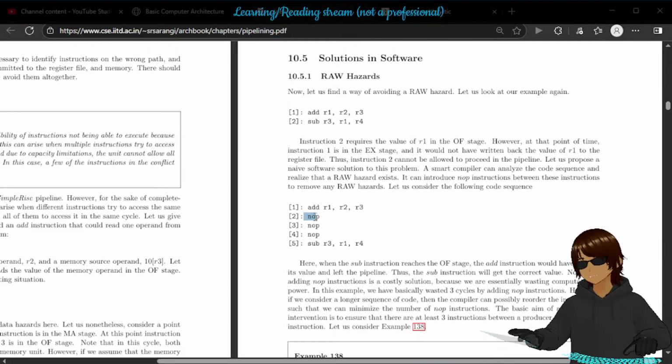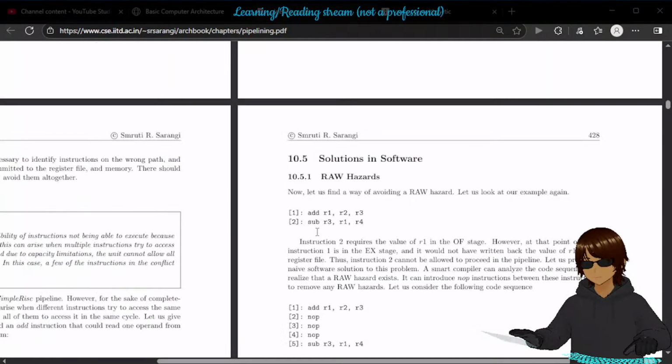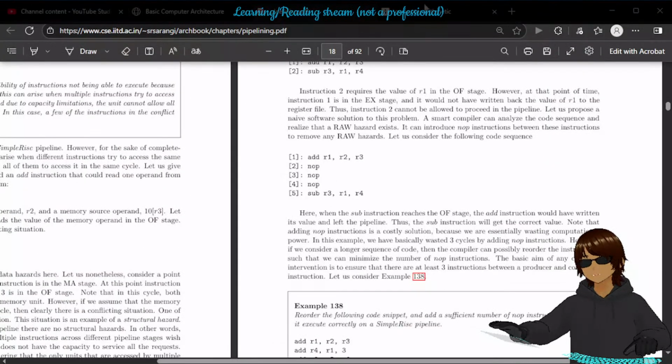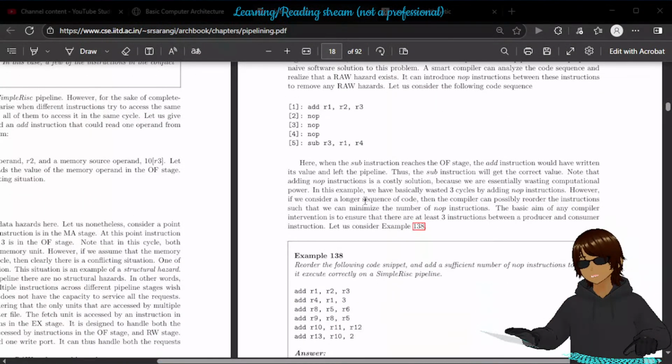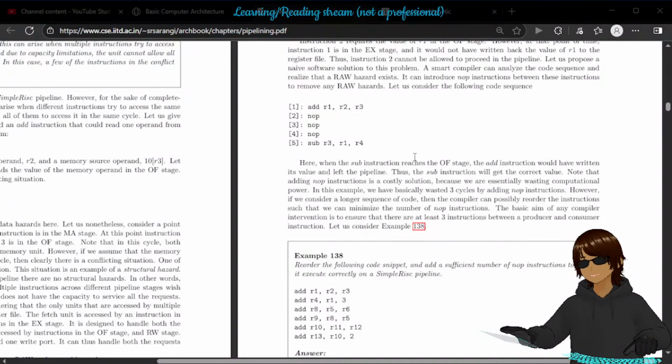So it's going to introduce no operation intentionally, in order to avoid what we were talking about. So when the sub instruction reaches the OF stage, the add instruction would have written its value and left the pipeline. The sub instruction will get the correct value.